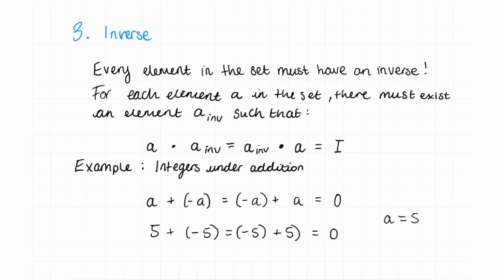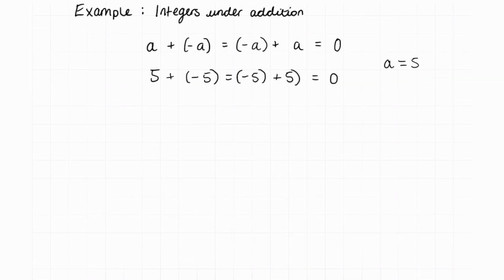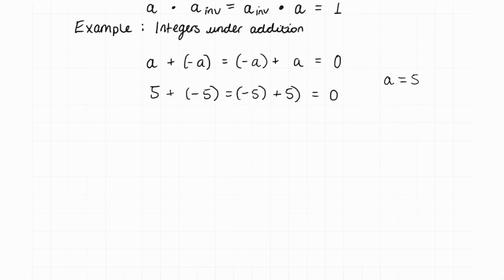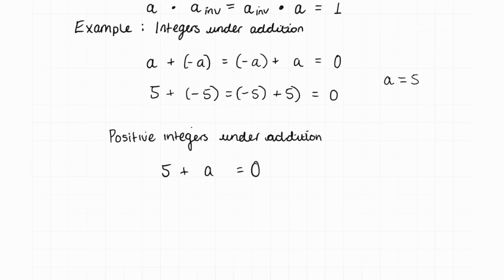is equal to 0. Now, if we look at this example, and then we restrict this set to be the positive integers under addition, you'll notice that there is not an inverse for every element. There's not an element which, when added to 5, which is positive, will yield back 0, because we need minus 5 here.